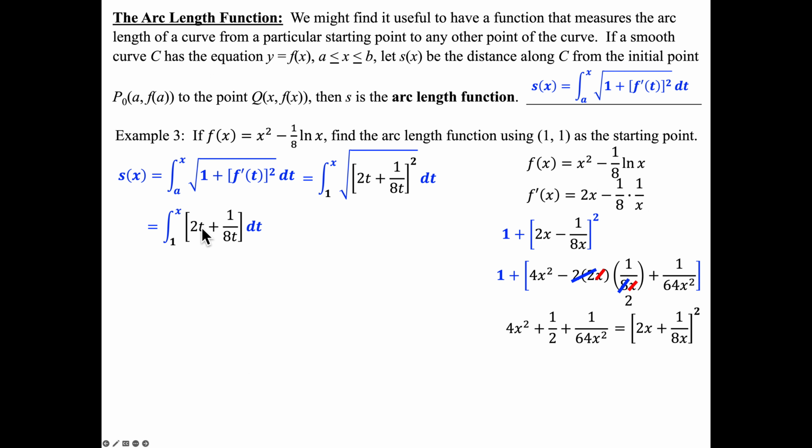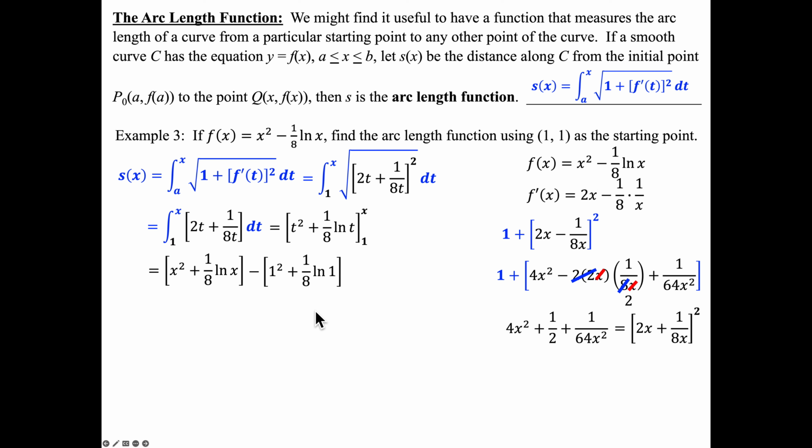So if I integrate 2t, that's t squared over 2, which cancels this 2. 1/8 t to the negative 1, or 1/8 times 1 over t. 1 over t integrates to the natural log of t. We'll put in your x's, then minus, you put in your 1's.